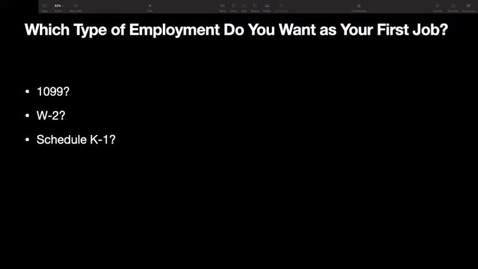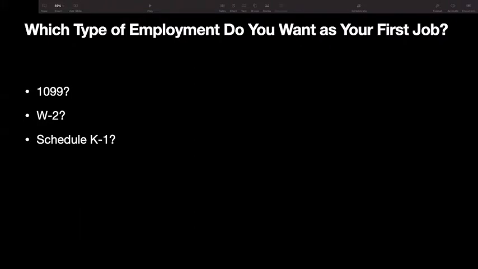So what do you think your first employment tax form would be: 1099 miscellaneous, 1099 NEC, W2, or Schedule K1?